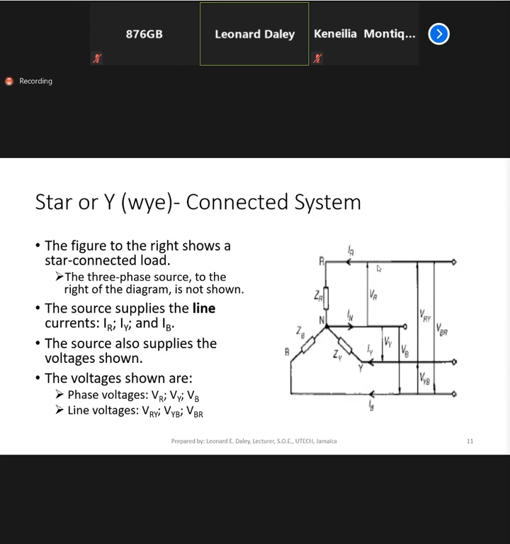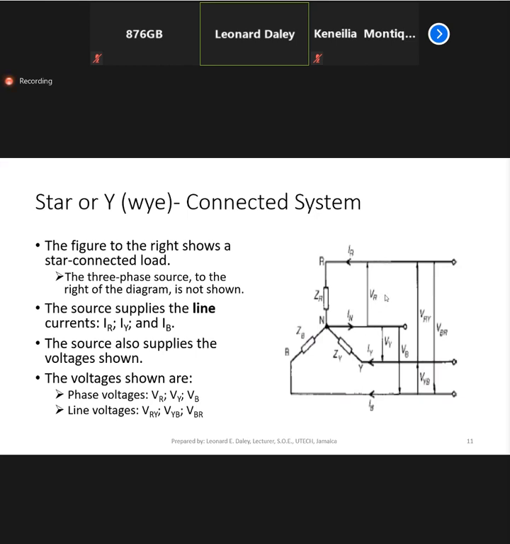Notice also that we have some voltage indication on the diagram. So between this red line and the neutral is what is called a phase voltage. All right, so the phase voltage is between a line and the neutral.